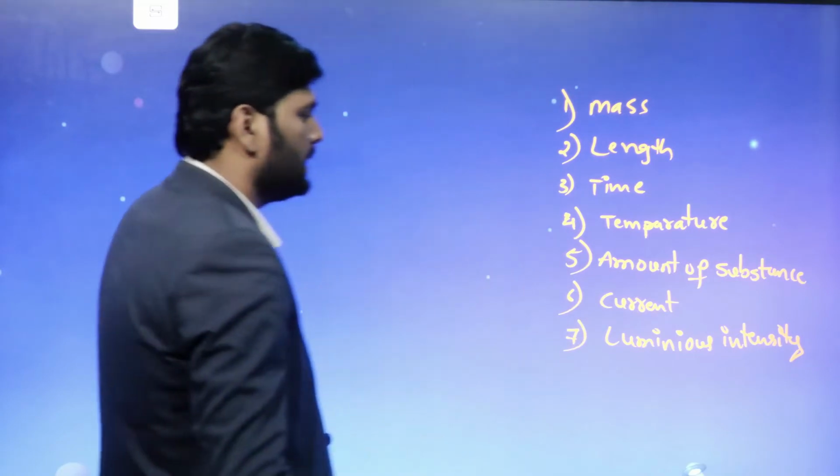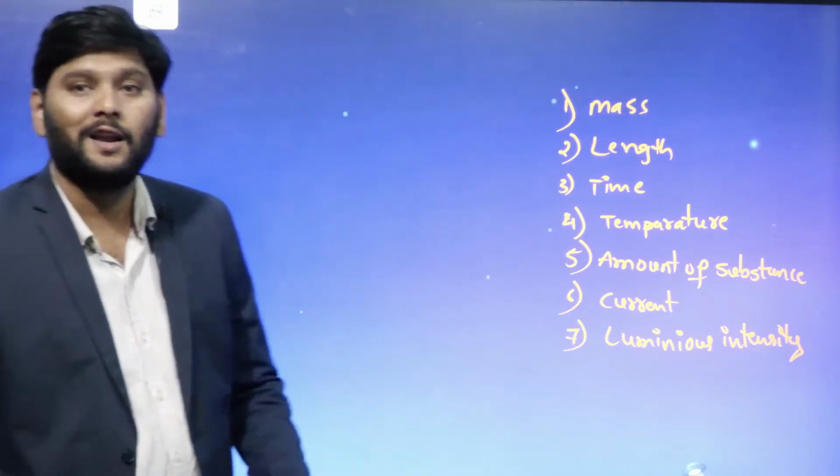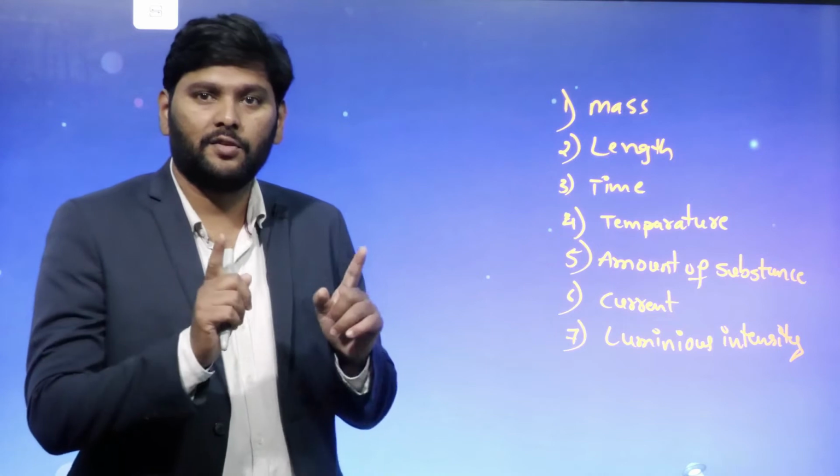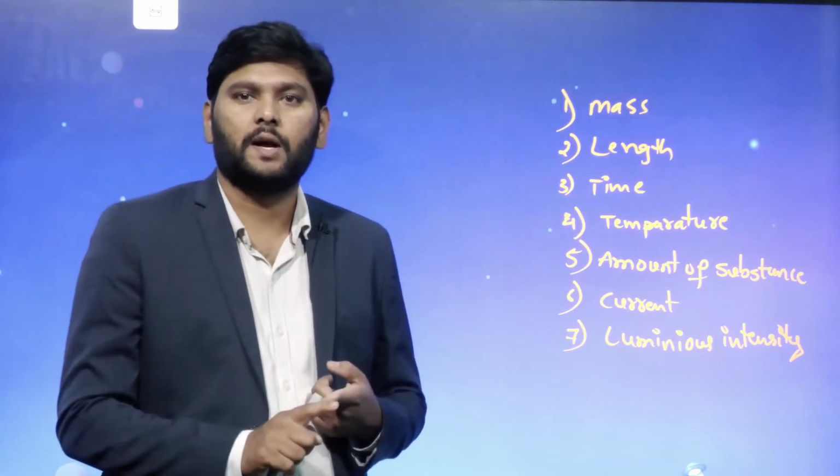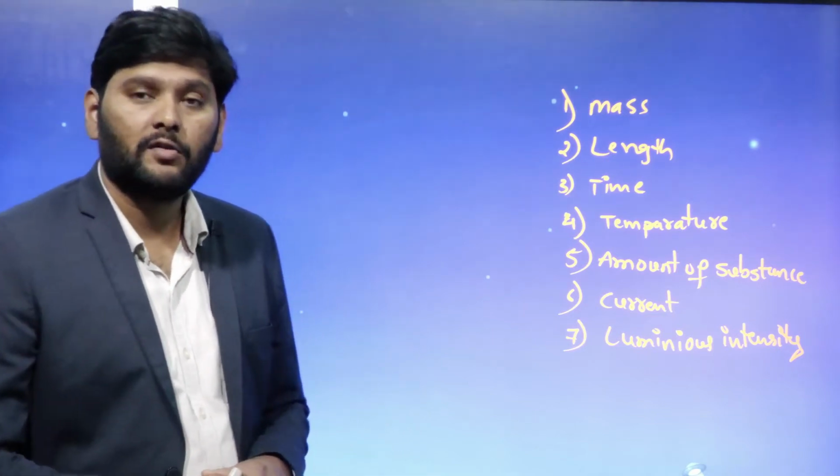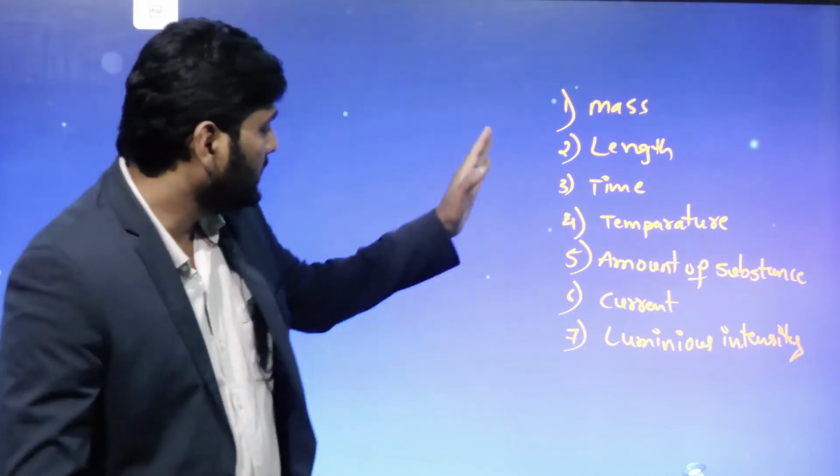So these 7 are called fundamental quantities. Understand? In physics, we only have fundamental quantities. How many? Only these 7.